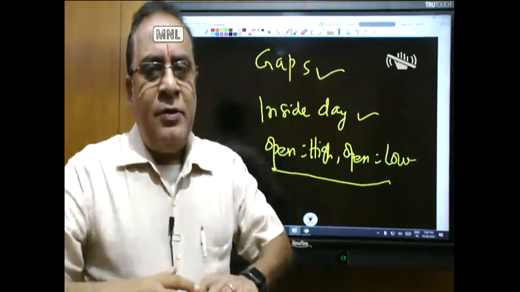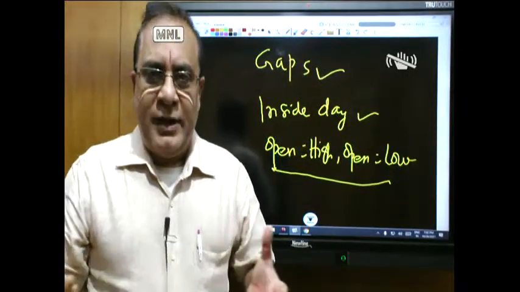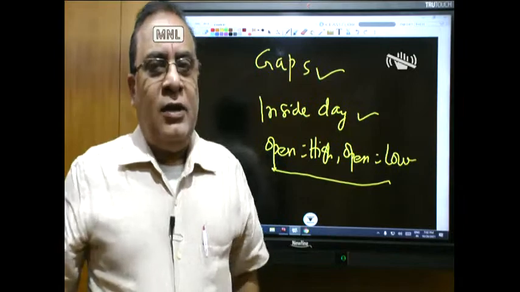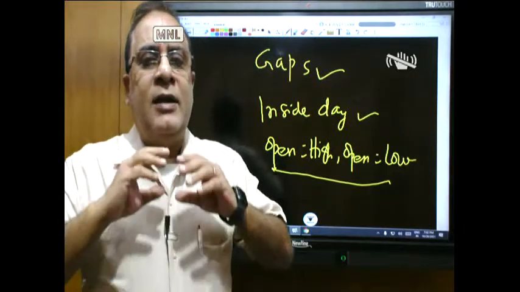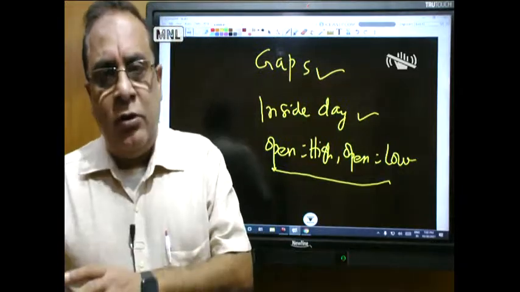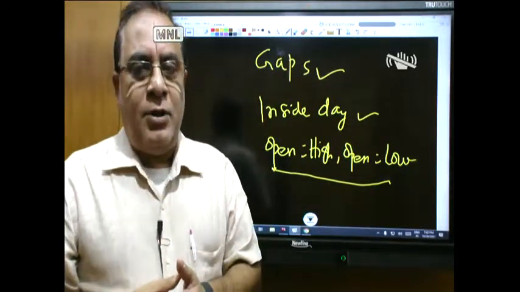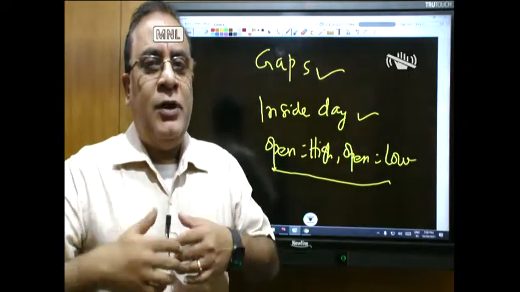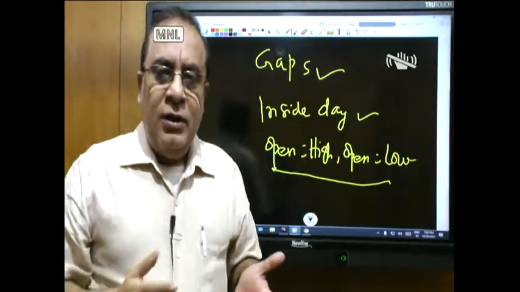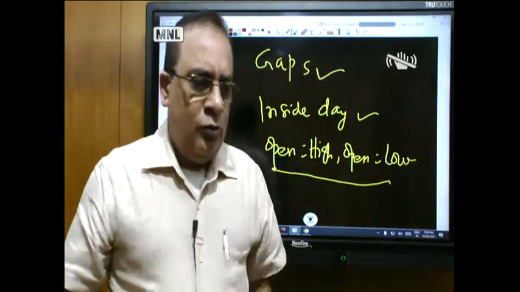So whatever happens in the US, whatever happens in Asian markets, immediately gets reflected in our opening time. So most days, we see either the market gapping up or gapping down. If the overall sentiment is bearish, then probably we see some gap downs. Similarly, if the global sentiment is quite positive, we see gap ups. Or also on some news.